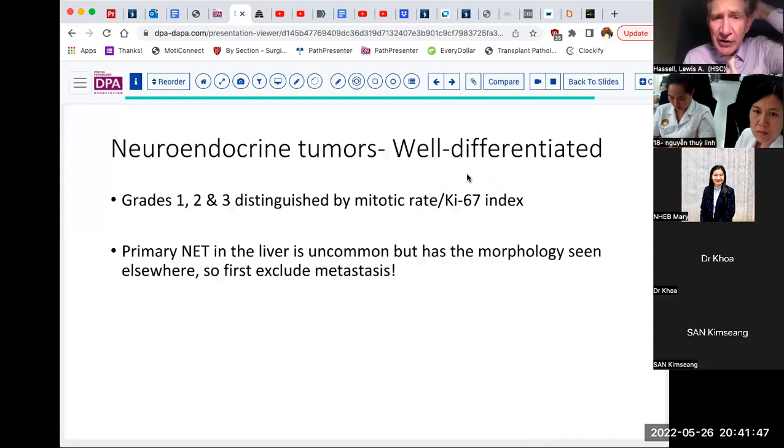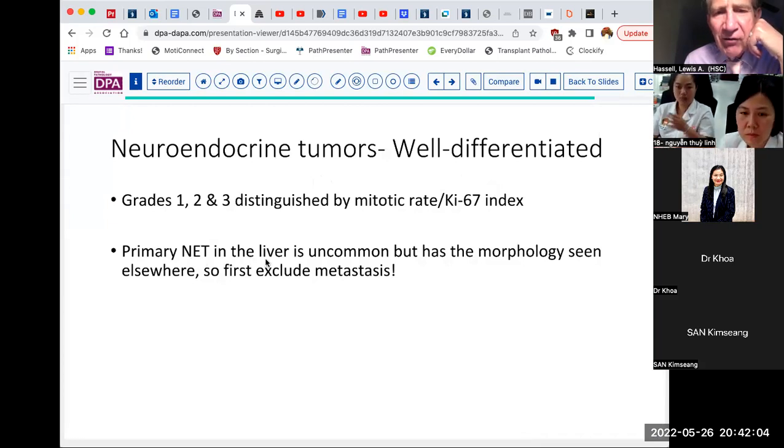Well, of course, in the liver, we also get neuroendocrine tumors. And I'm not going to spend time talking about those because they're very similar to what you see in neuroendocrine tumors elsewhere. I will mention, though, that primary neuroendocrine tumor in the liver is very uncommon.